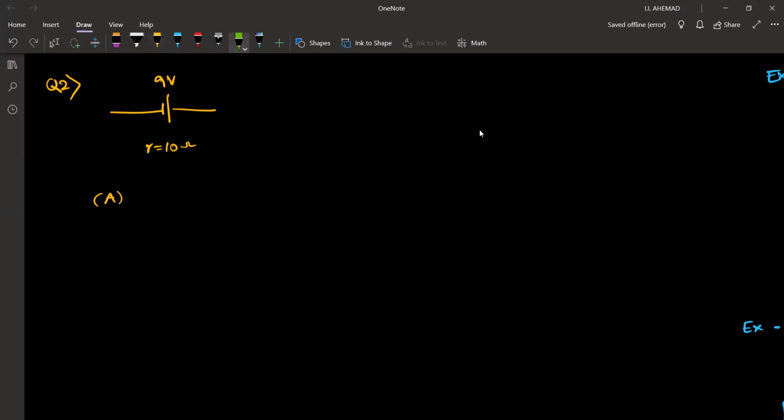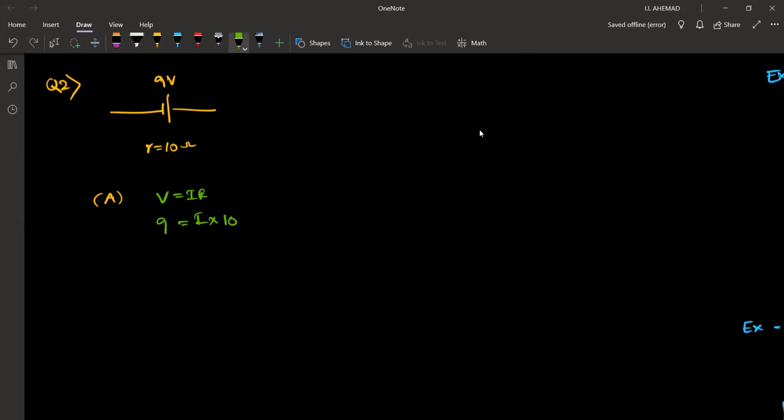So when can we get the maximum current out of this battery? When we short circuit this. So when we short circuit, V is equal to IR. So V is 9, R is 10.